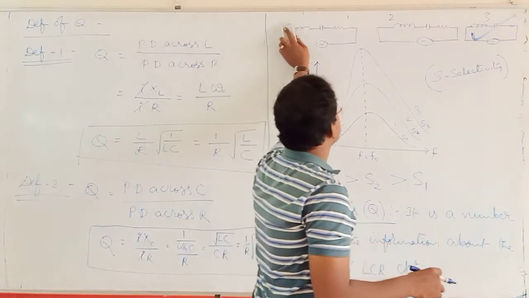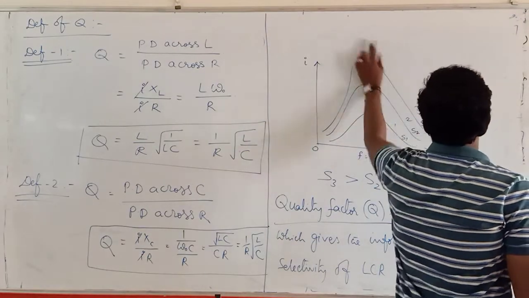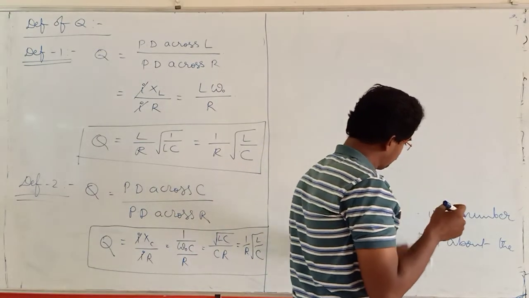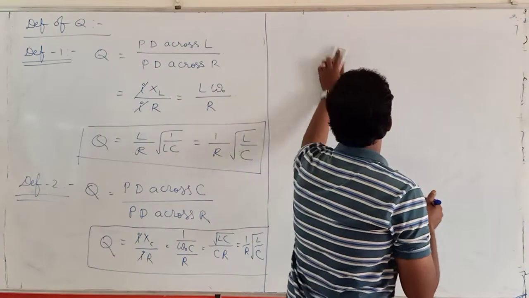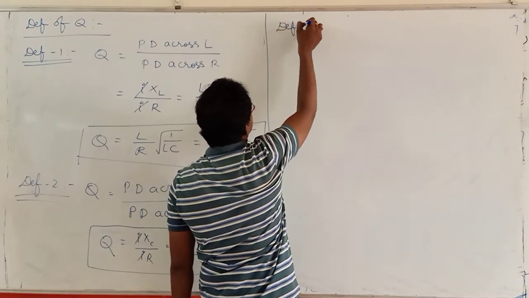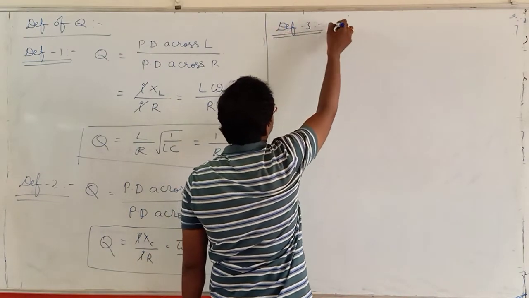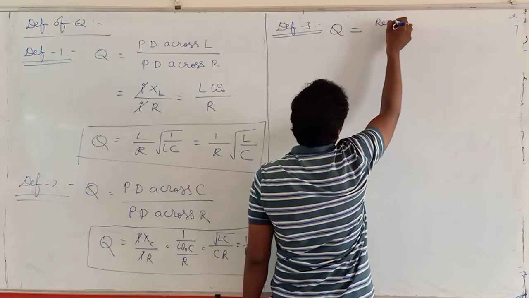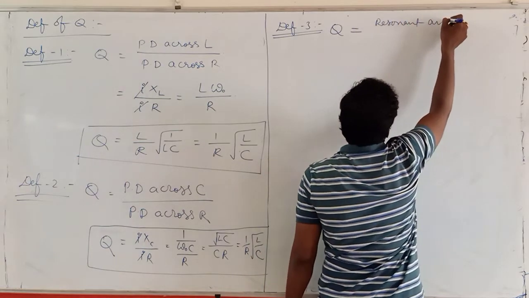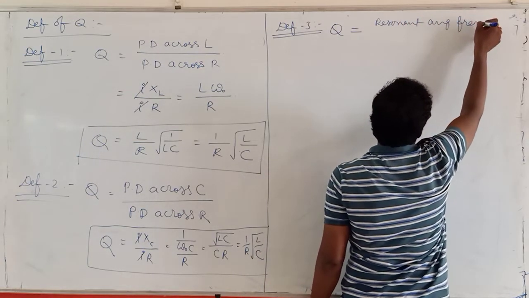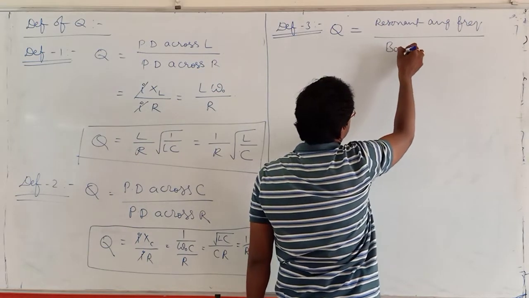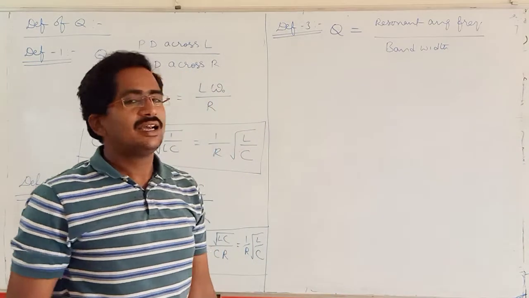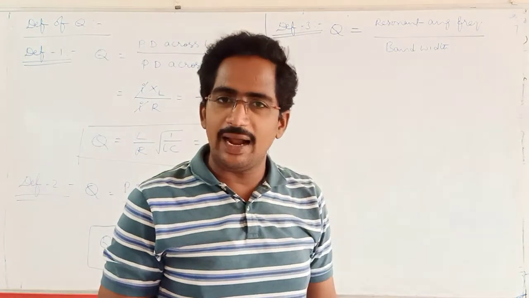Third definition: Q equals resonant angular frequency by bandwidth.